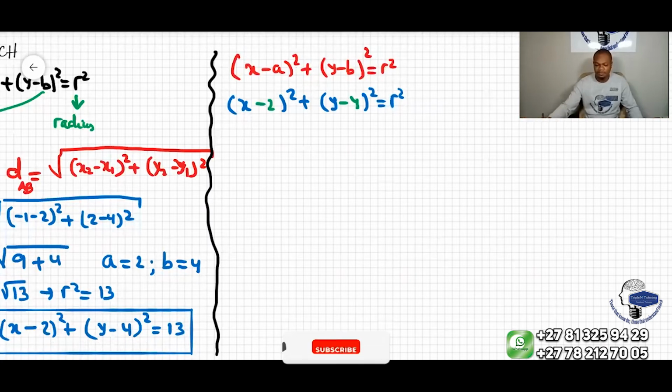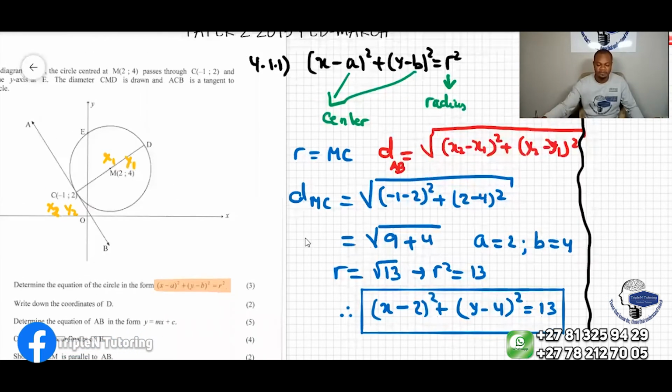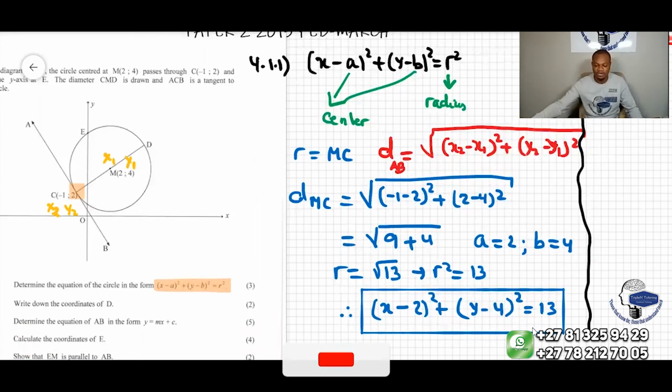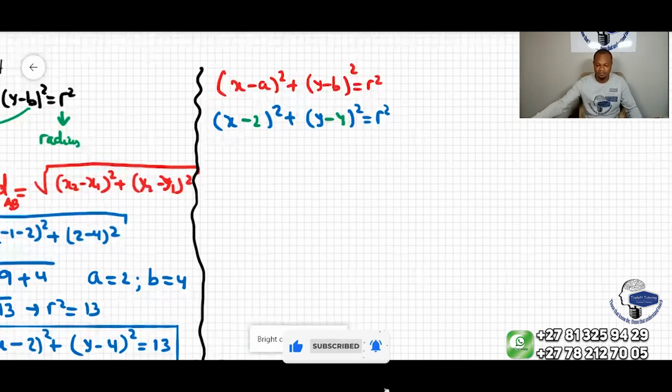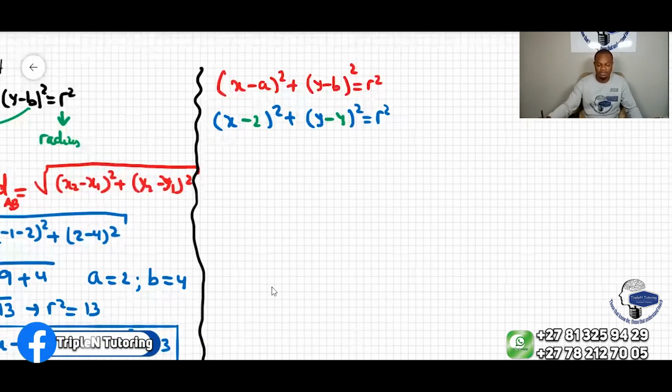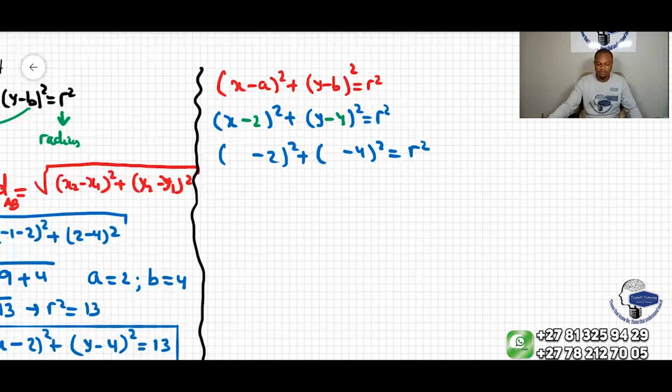Now we can again sub in the coordinates of a point through which the circle passes. The circle passes through the point C, as we can see there. So if I sub the coordinates of C in the equation, that will be equal to r squared.